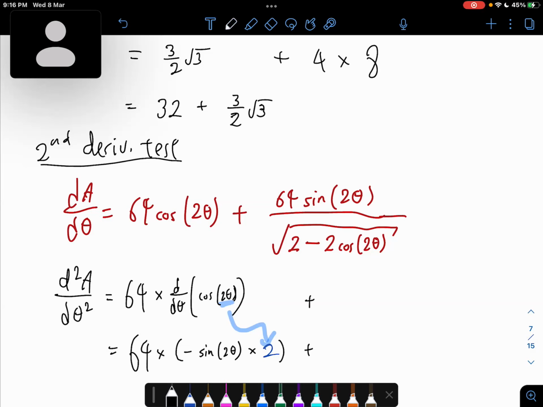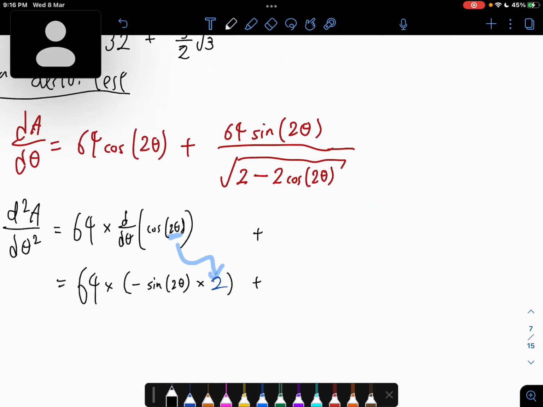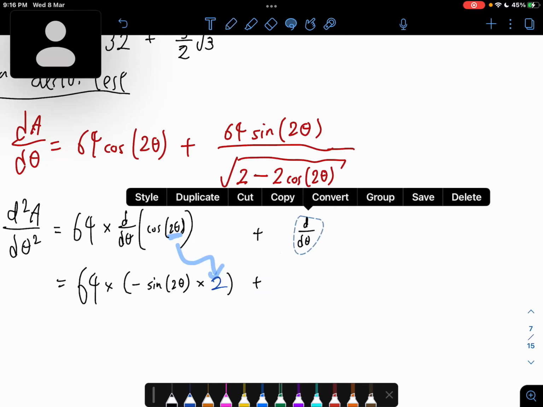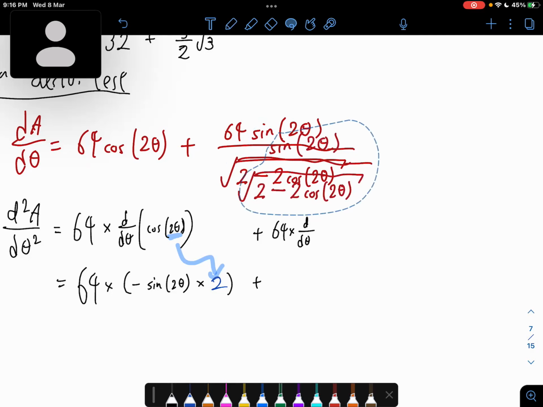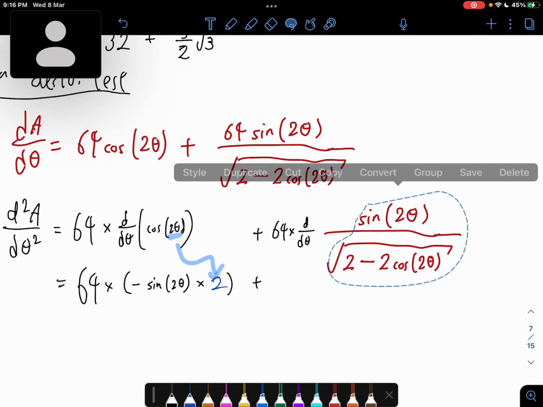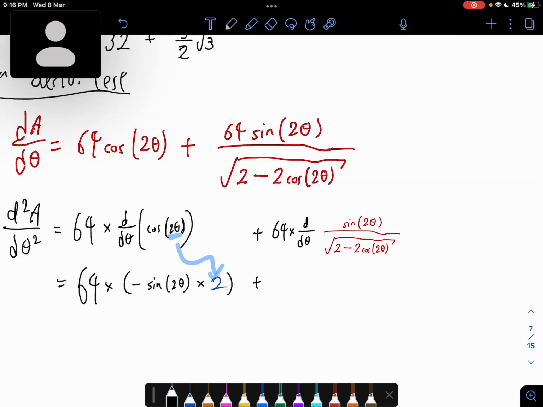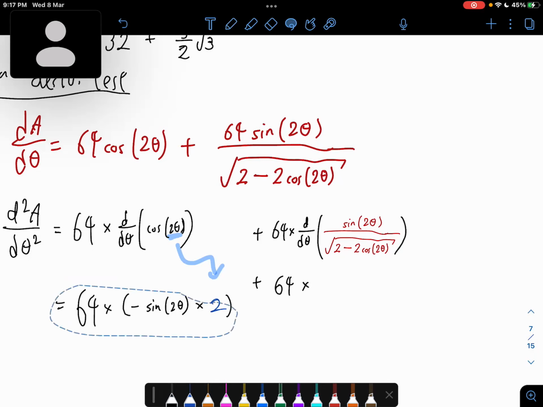Plus. Now the second term. Can bring out the 64 again. So 64 multiplied by derivative of the remaining part. Let me just shrink. Use the quotient rule. It's a fraction. Low D high minus high D low. Draw the line, square below.